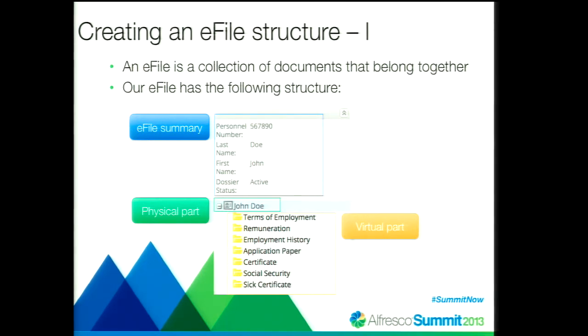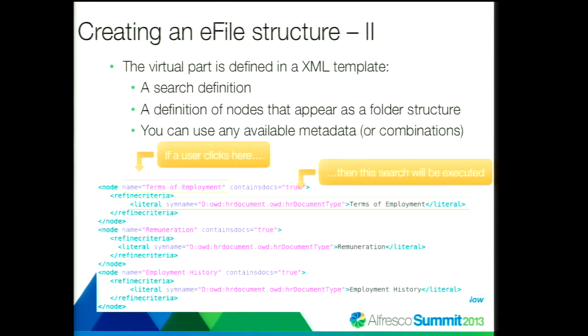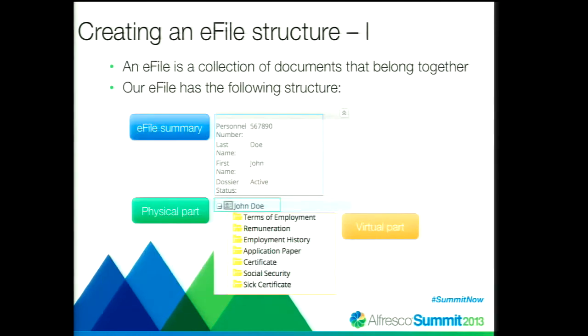To set up such an e-file structure, you have to do some steps. The most important step is this one here. You need an XML template, again, a search based on XML files. And this template consists of a search definition and of the nodes that we've seen on the previous slide here. So these nodes here are defined in our XML template.